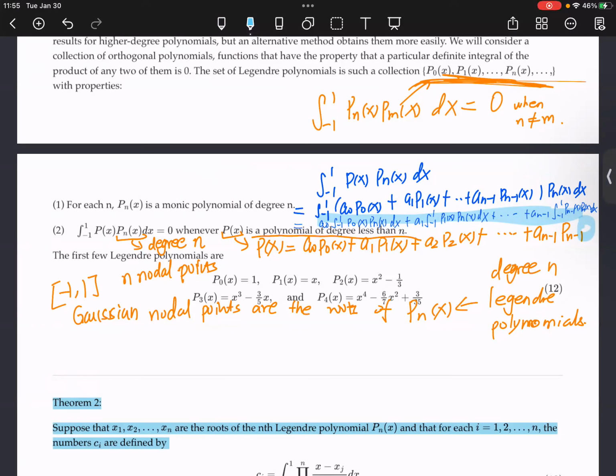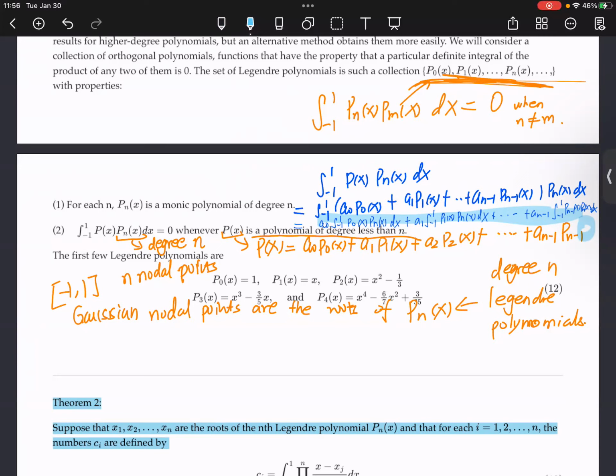So what if we have n nodal points? How can we choose the n nodal points for the Gaussian rules? How would they be distributed, and how does the quadrature look?